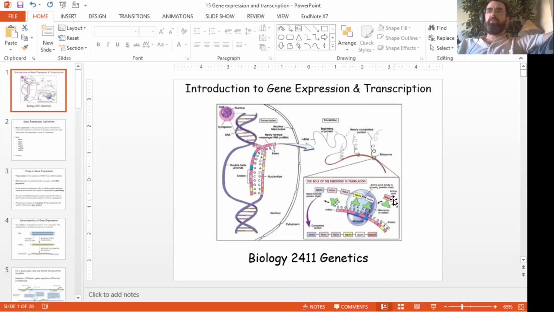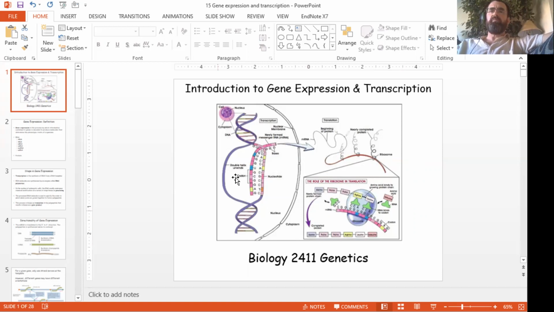There's a little bit more to it than that, but that's the extent to which we'll cover it in this class. Essentially, you have transcription, which occurs in the nucleus. You have, in the case of eukaryotes, mRNA export and processing. And then finally, in both prokaryotes and eukaryotes, you have translation to generate a mature protein which has a particular function.